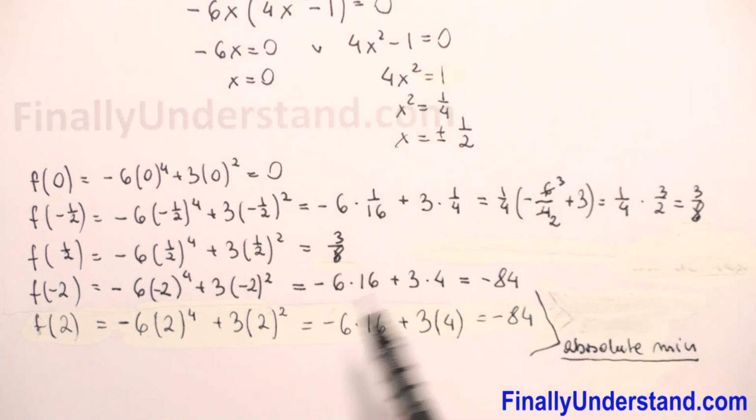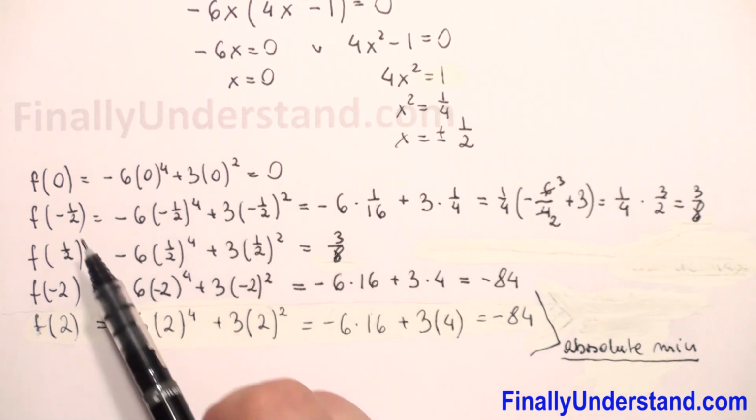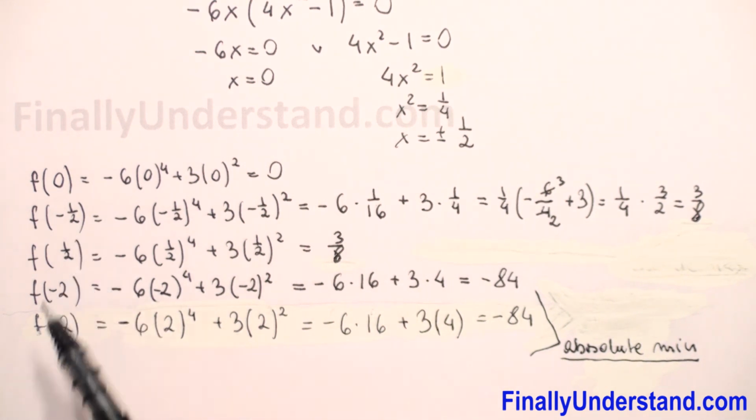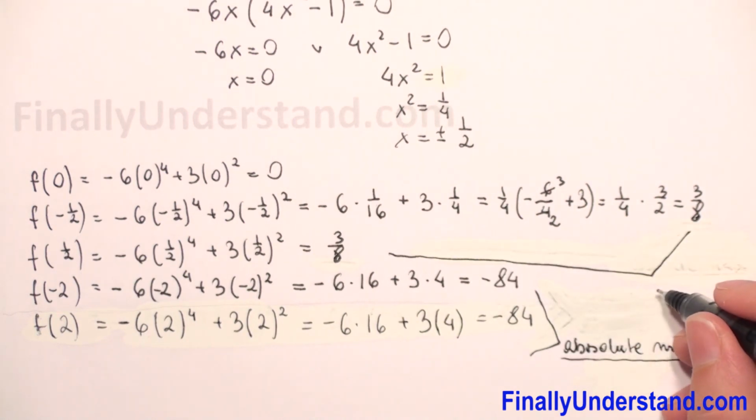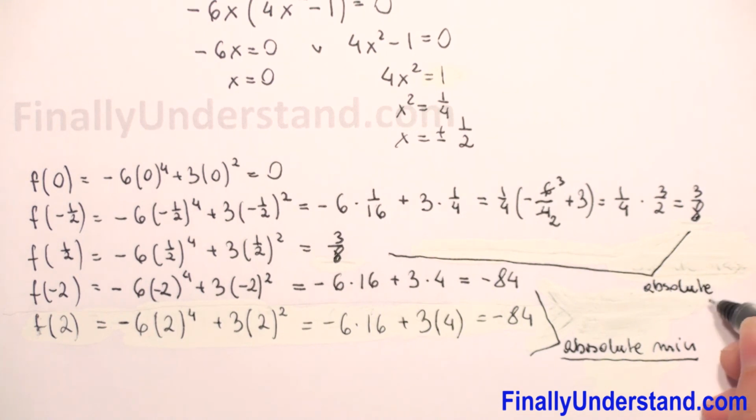And 3 over 8 is the largest value, for negative 1/2 and 1/2. So this is my absolute maximum. This is my solution.